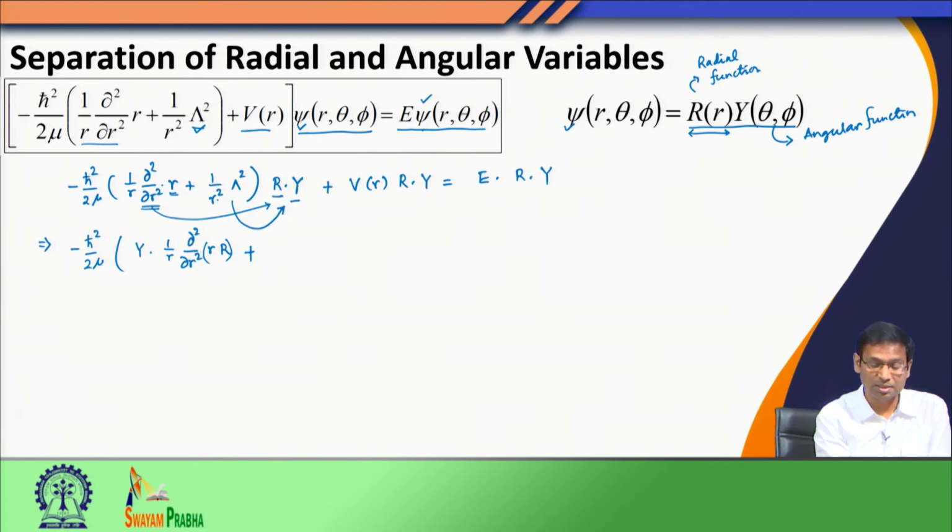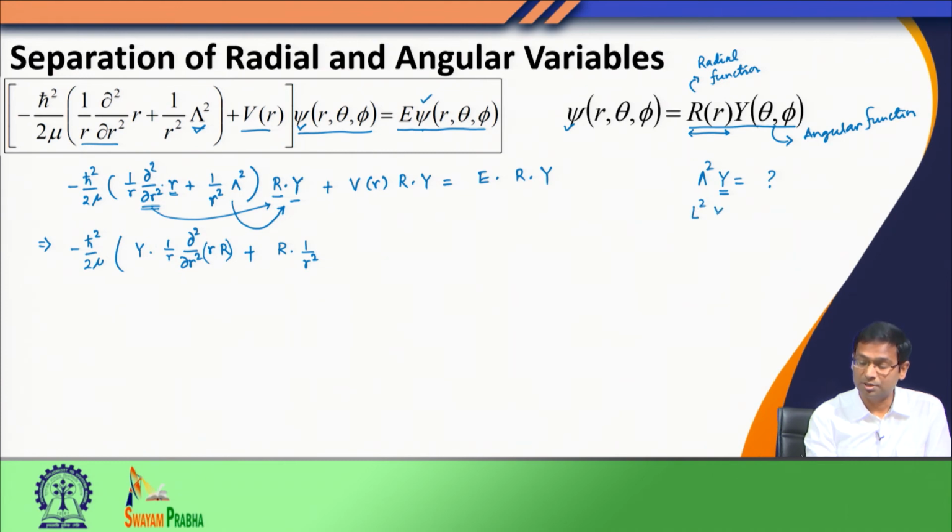I have 1 over r square, so this is a simple multiplication, and then I see the application of the Laplacian on this function. I know the Laplacian has only theta and phi components, first and second derivatives with respect to theta and phi. So, this will not have any impact on the radial term, and I can bring this radial term outside, and then I have lambda square Y. This Y is the spherical harmonics.